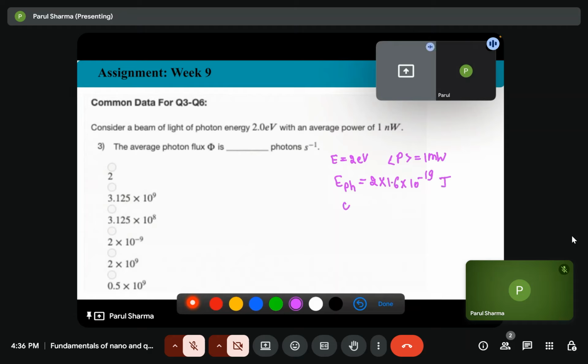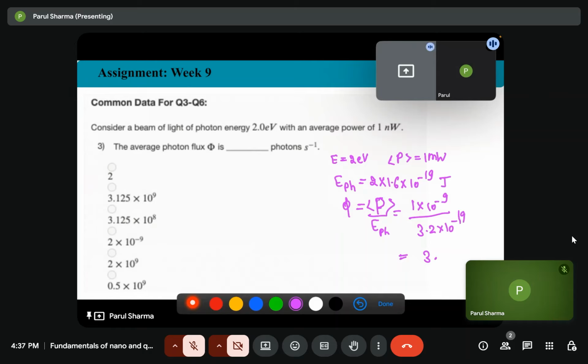So we want to find phi, which is equal to P upon energy of photon: 1 into 10 raised to power minus 9 over 3.2 into 10 raised to power minus 19.